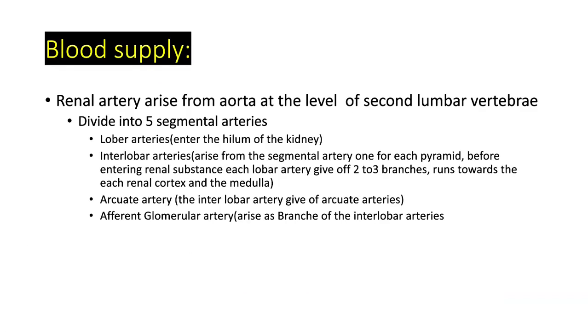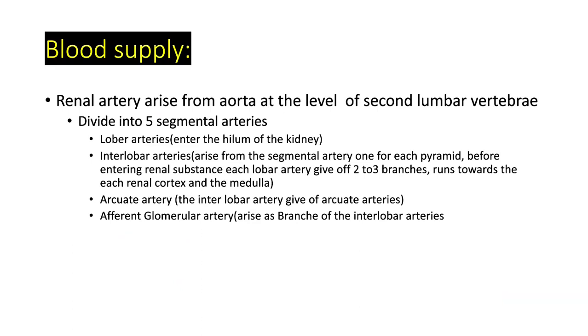Now, the blood supply of the kidneys is directly from the renal artery, which arises directly from the aorta at the level of the lumbar vertebrae. The renal artery has five segments. The lobar arteries enter the hilum of the kidney. The interlobar arteries arise from the segmental artery, one for each pyramid, before entering the renal substance.